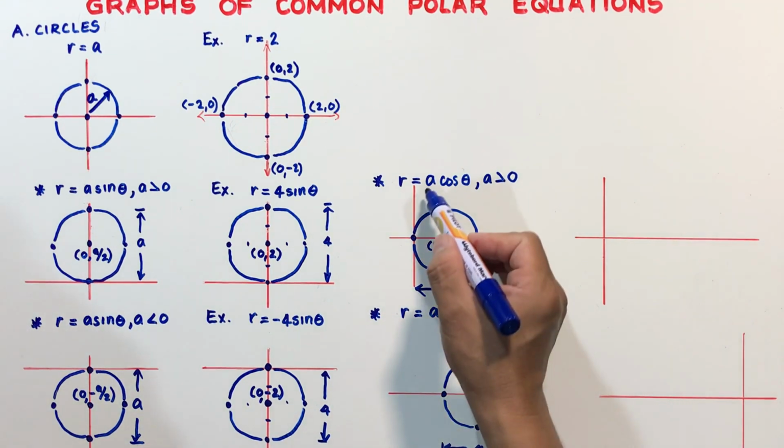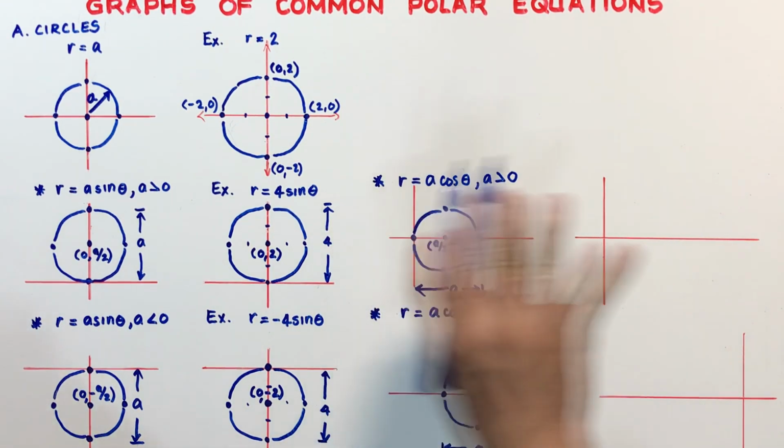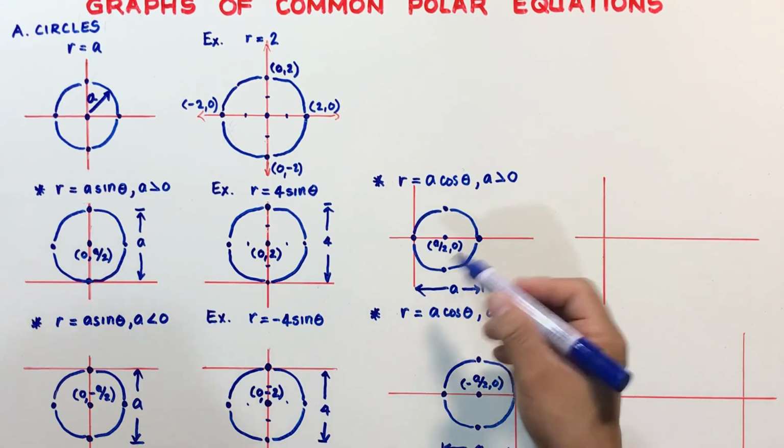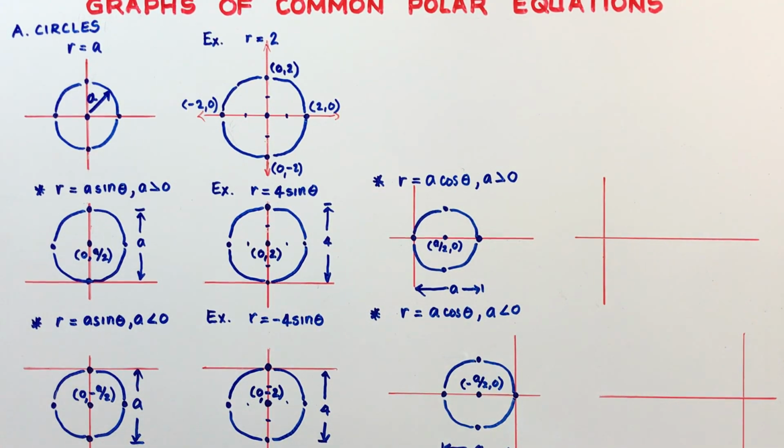So when the value of a is positive, it is to the right of the point of origin, and if the value of a is negative, then it is to the left of the point of origin. But both of them are having diameters of a, so they are having radii of a over 2.